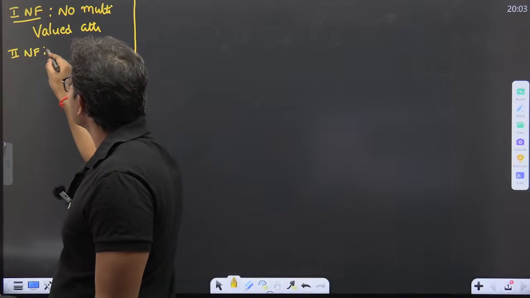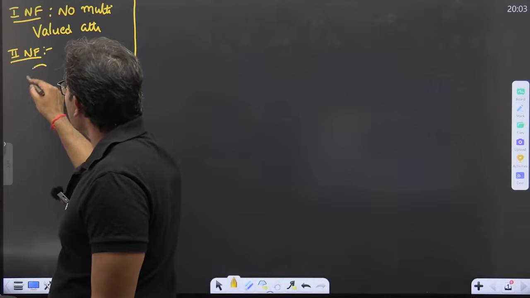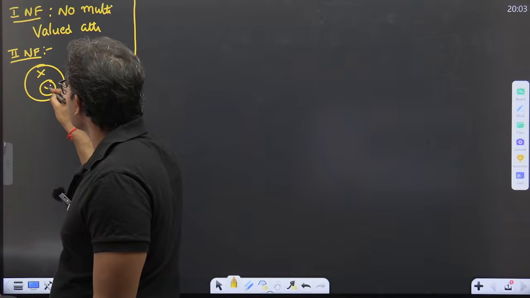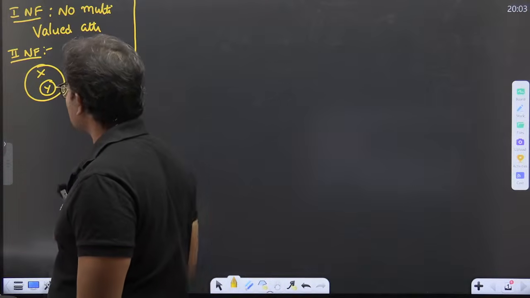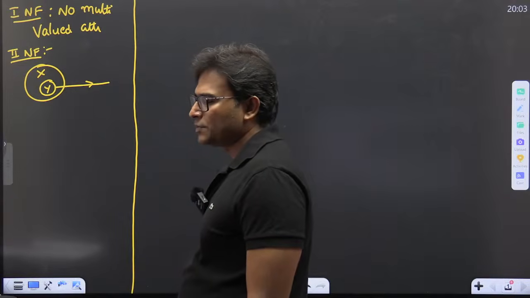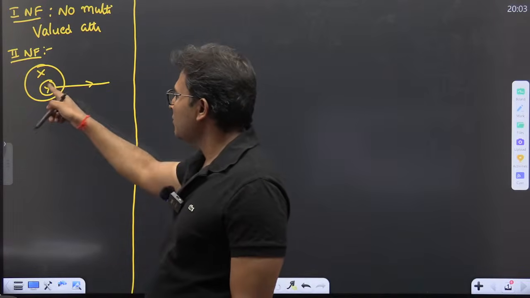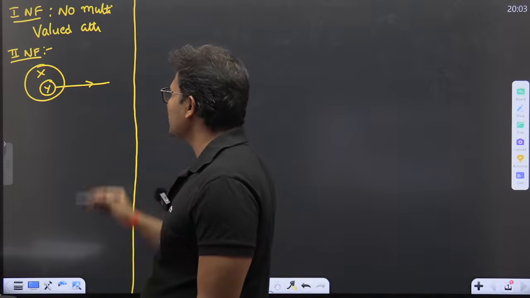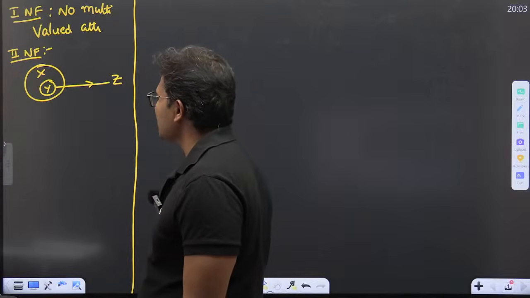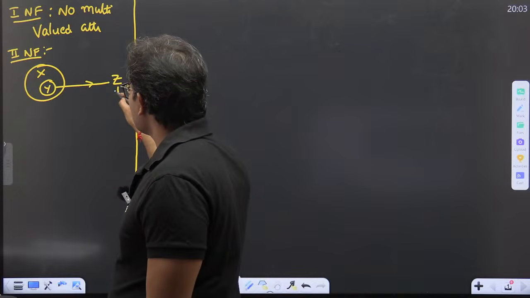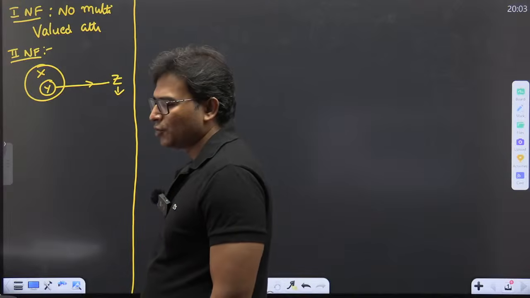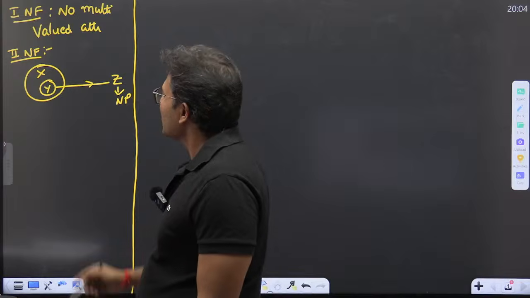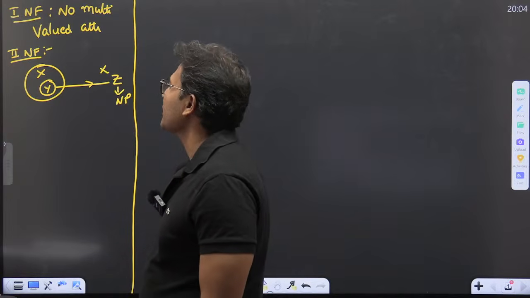Now what is the second normal form? Second normal form says no partial dependency, right? What is partial dependency? If there is a candidate key X, and a proper subset of that X is determining Z, where Z is a non-prime attribute, then the table is not in 2NF, right?